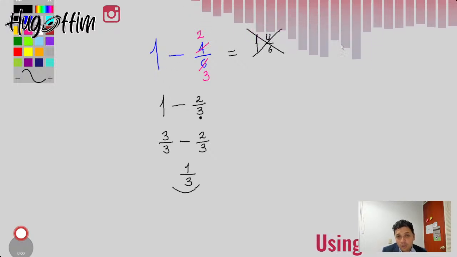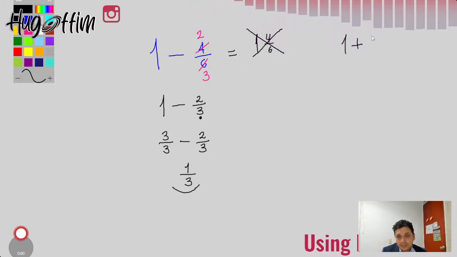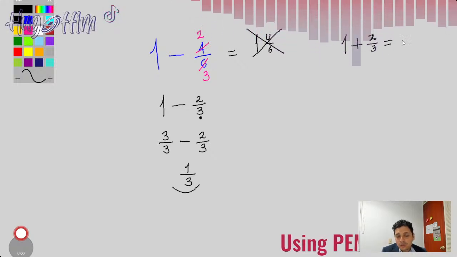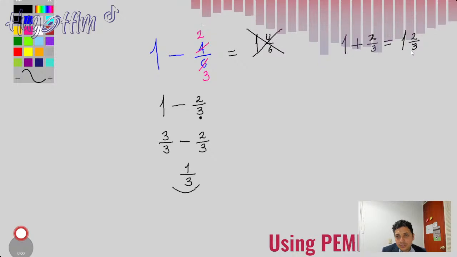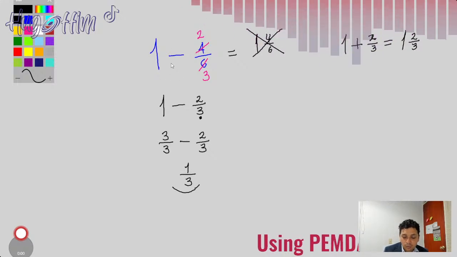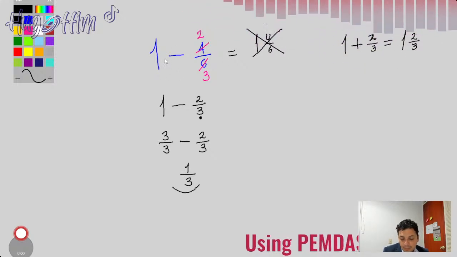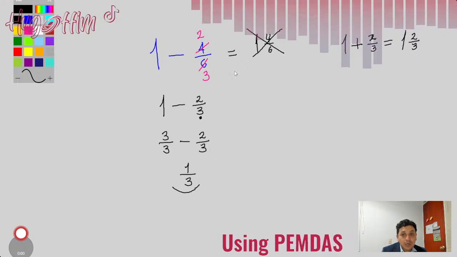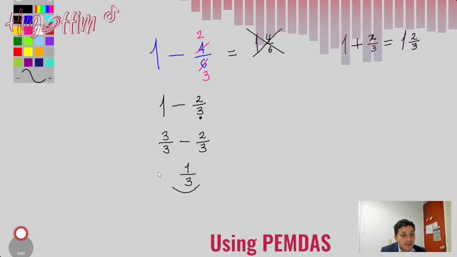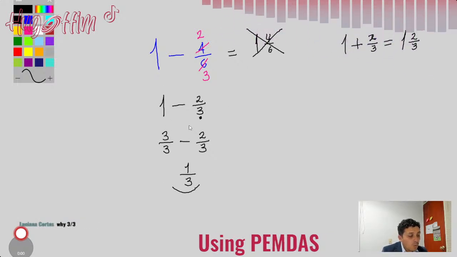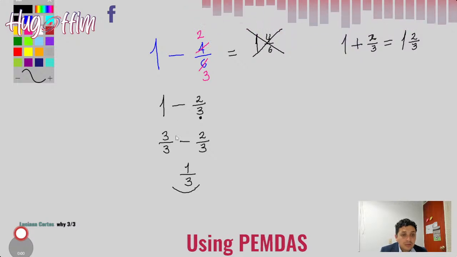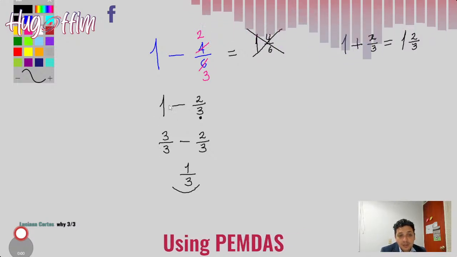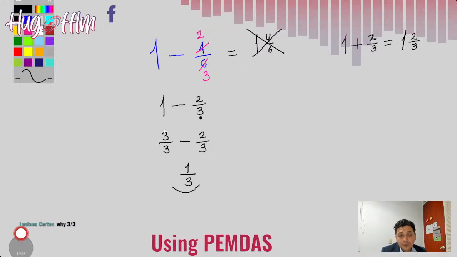If you have the whole adding one part, in this case 2/3, now I need to put 1 and 2/3. So if you have the whole with a different sign, you must perform the operation. Okay? Why 3 over 3? Because 1 is the same as 3 over 3. If you take 3 divided by 3, you get 1. This is why you put 3 over 3.